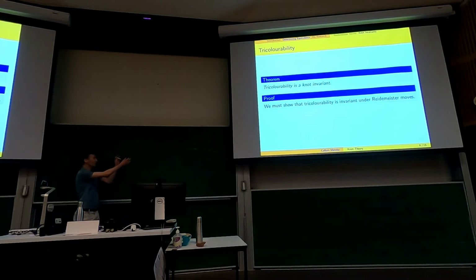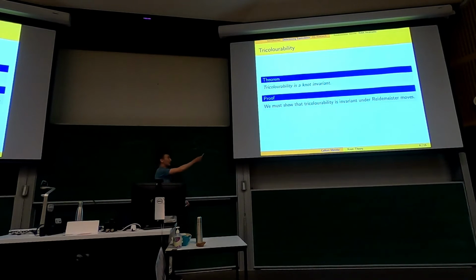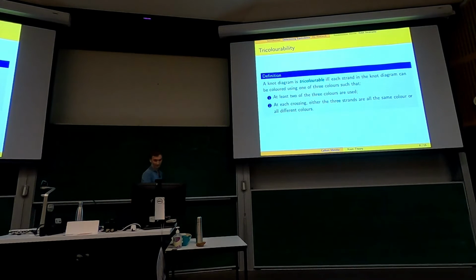So we say that if this knot over here is tricolorable, and this strand happens to be red, is it still tricolorable over here? Yes, because tricolorability says that, if I go back to the theorem for a second, at each crossing, either all three different colors or all three the same color, and yes, we've used red 3 times here, which is good.